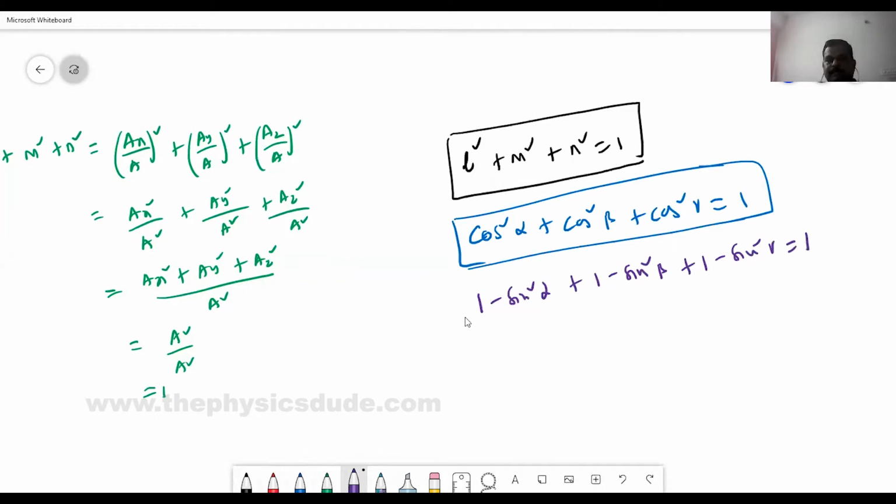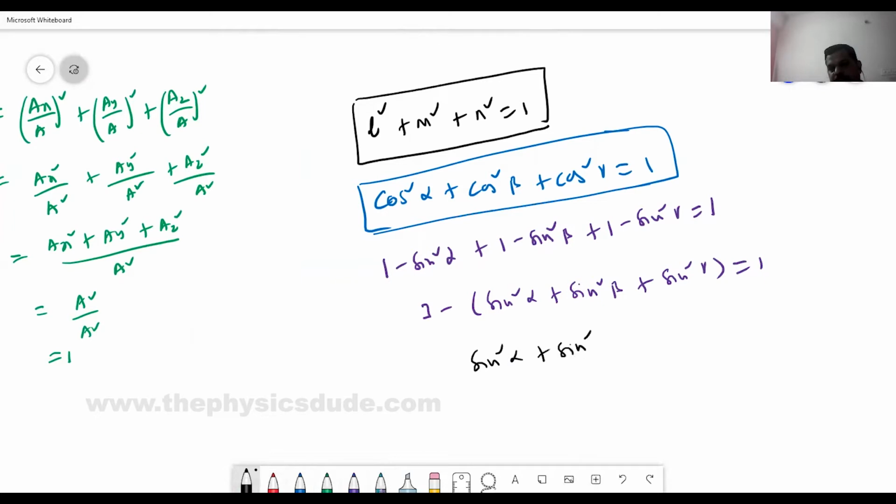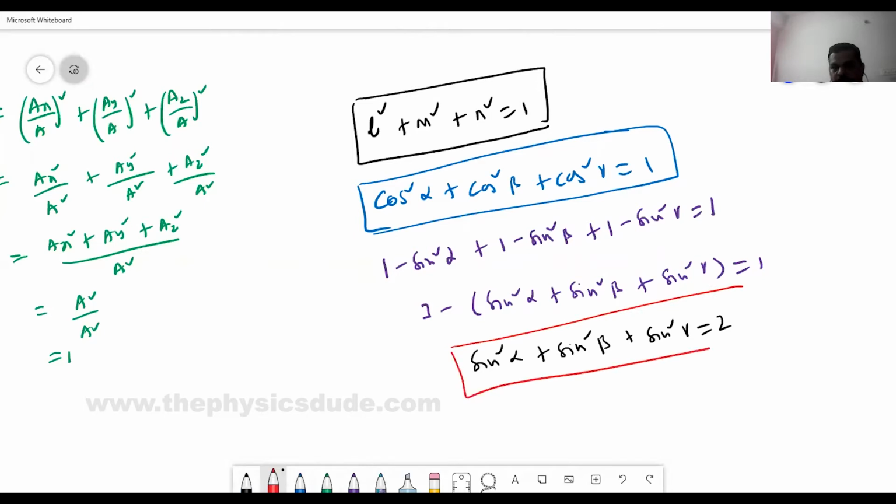And therefore, this I can write 3 minus of sine square alpha plus sine square beta plus sine square gamma is equal to 1. Simply we can write it as sine square alpha plus sine square beta plus sine square gamma is equal to 2. This is another way of writing the same. These are all the standard results we should remember.